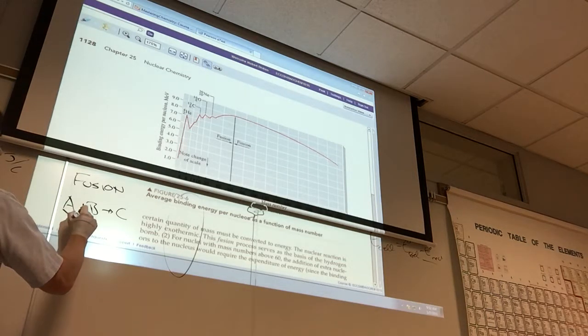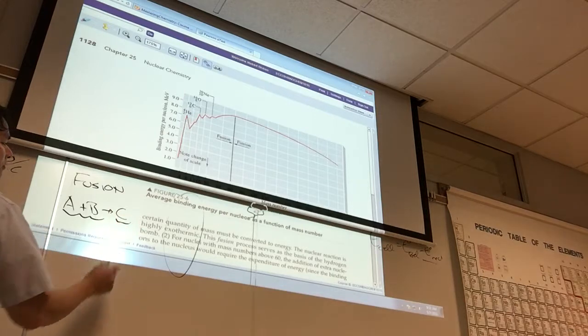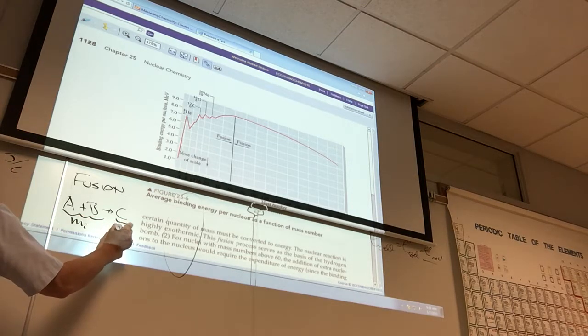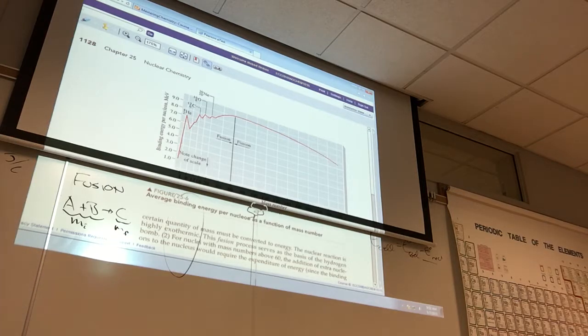We can figure out if this is energy favorable or not, based on the masses. If we look at the mass initial and the mass final, the mass initial will be the total mass of your starting material, and the mass final will be the total mass of your final material. If we undergo fusion, that is, we're taking two lighter ones and making a heavier one, which one should have a higher mass? Which one should have a lower mass?